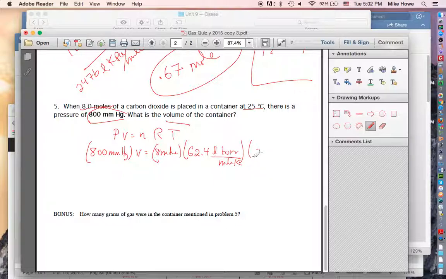The temperature has to be 298. It says 25. Why am I changing it to 298? Add 273. All right, so I'm going to do some math. See if you can figure out the answer that I'm going to write down. Use the calculator.